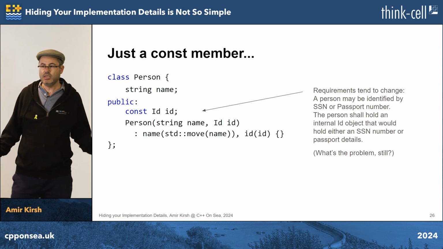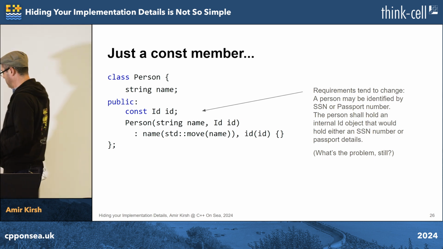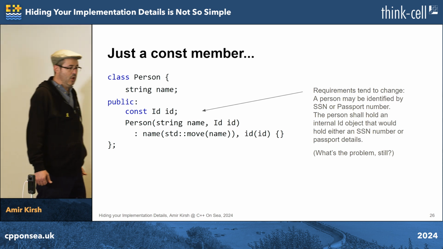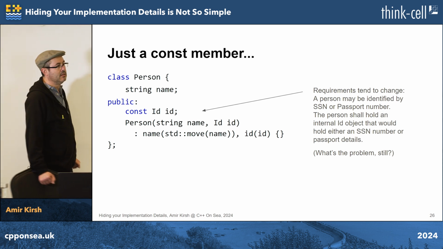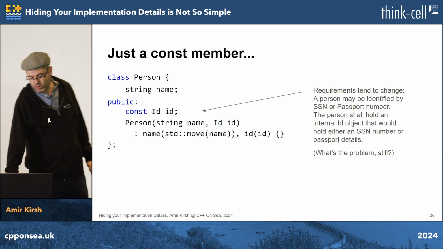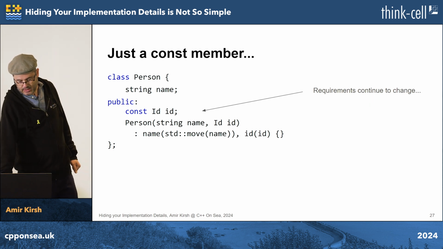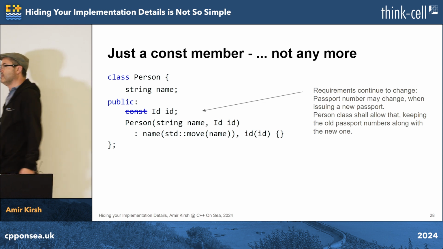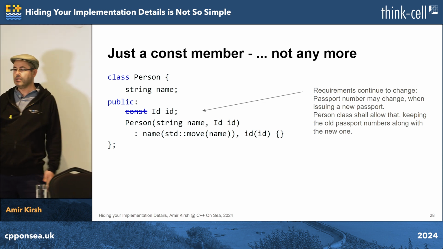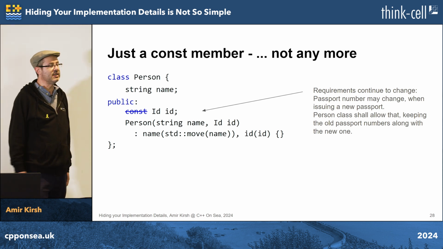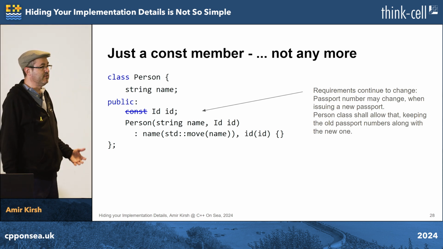Okay, I will just add this object with the information, and still, is it const? Well, not exactly. Why? Because when you issue a new passport, you get a new number. So when you issue a new passport, you need maybe to hold all the history of previous passports that this person held. So it means that the ID is not const anymore because I may add some information to it.